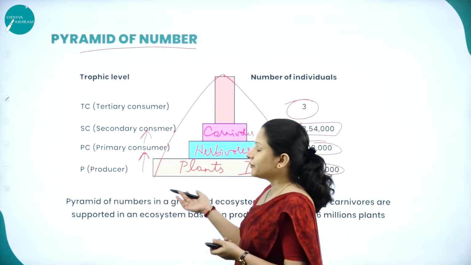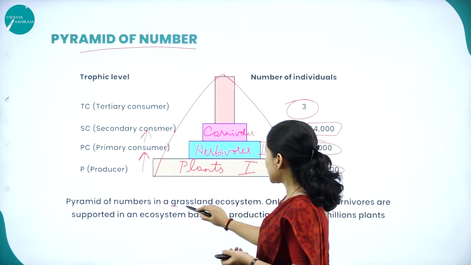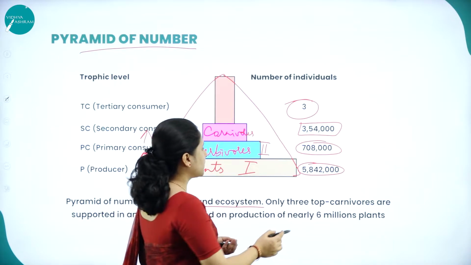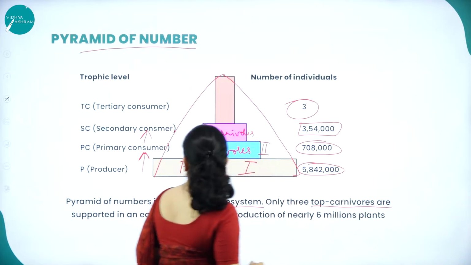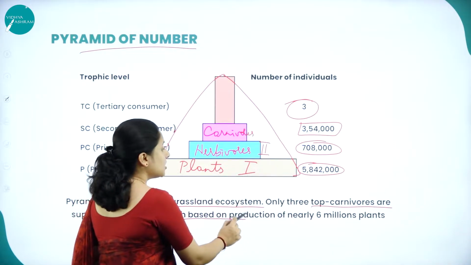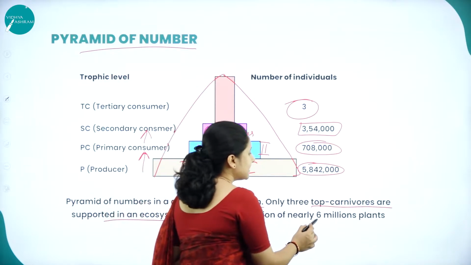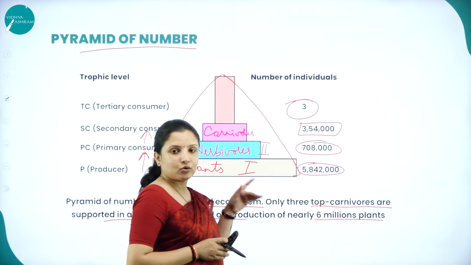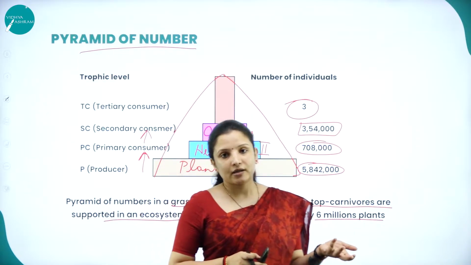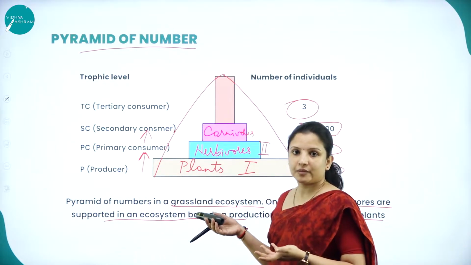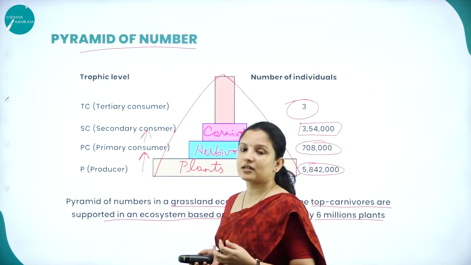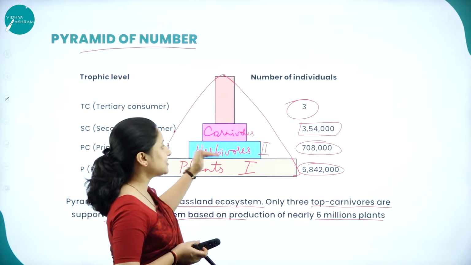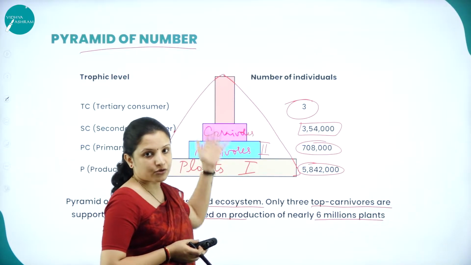So in the pyramid of numbers in a grassland ecosystem, only 3 top carnivores are supported based on the production of nearly 6 million plants. If an area has 6 million plants, don't think that 6 million carnivores or tertiary consumers will be present. No, there is a drastic decrease in the population in terms of pyramid of numbers as we move up each trophic level.